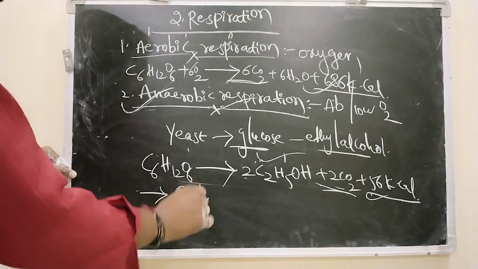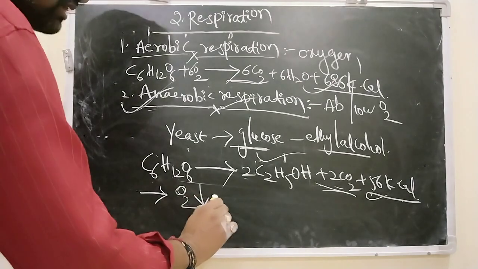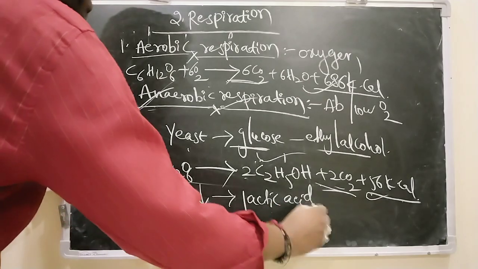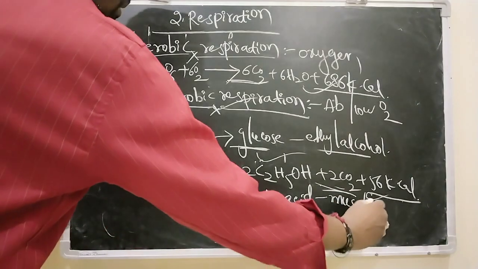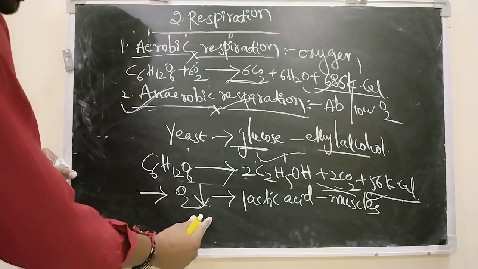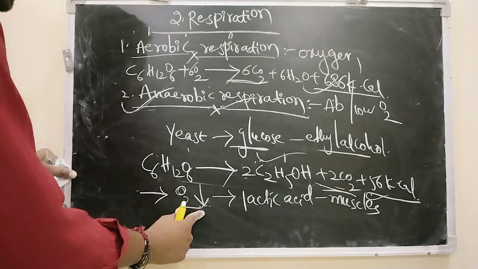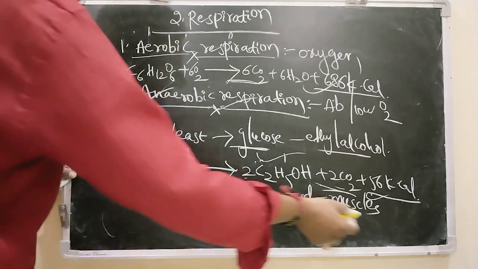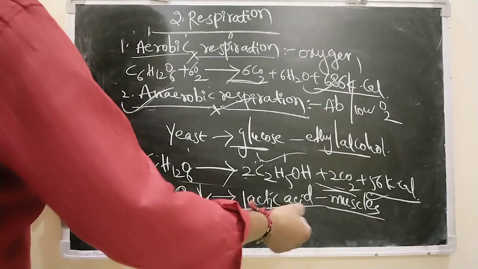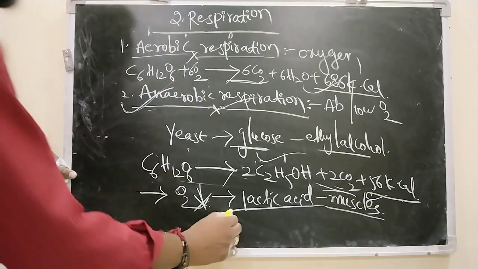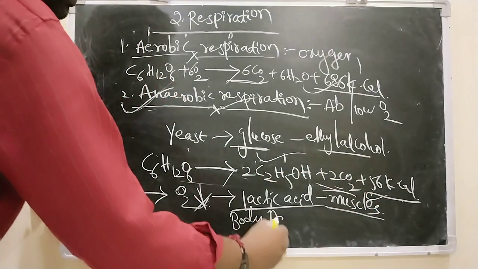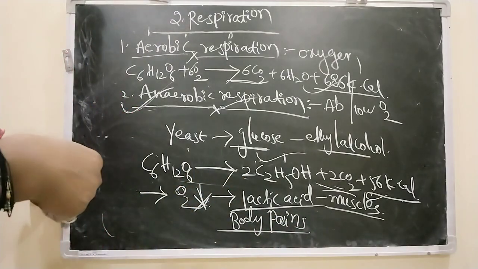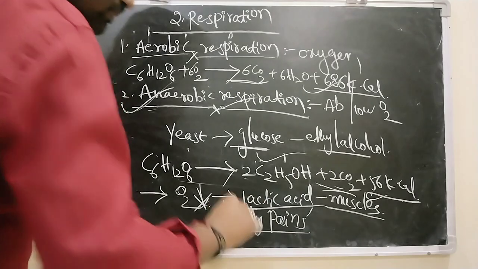When the oxygen supply is short, the glucose in our body is changed into lactic acid and stored in muscles. The pyruvic acid changes into lactic acid in the absence of oxygen. This lactic acid is stored in muscles. As long as this lactic acid stays in the muscles, we suffer with body pains. Whenever this lactic acid dissolves in the body, we get rid of the body pains.